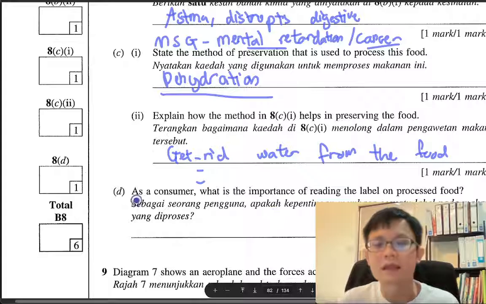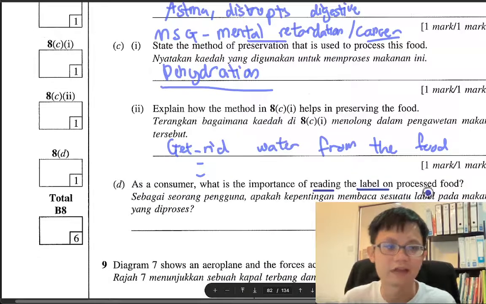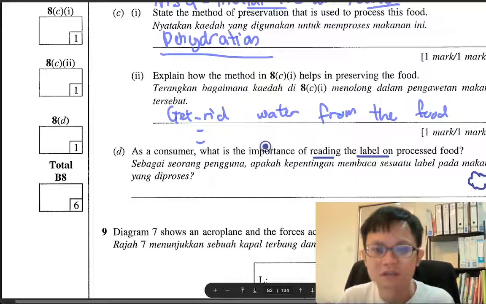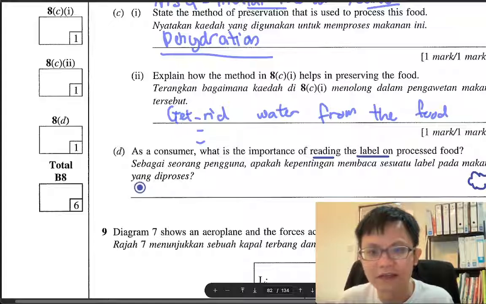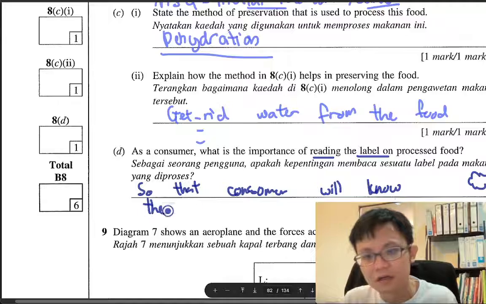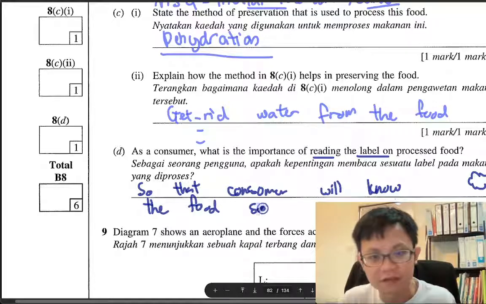Very good. As a consumer, what is the importance of reading the label? So what is the importance? So this is a brain, okay, but you cannot find it in the book, so I just drew the brain. So why is it important? To understand that, so that the consumer will know the food safety.